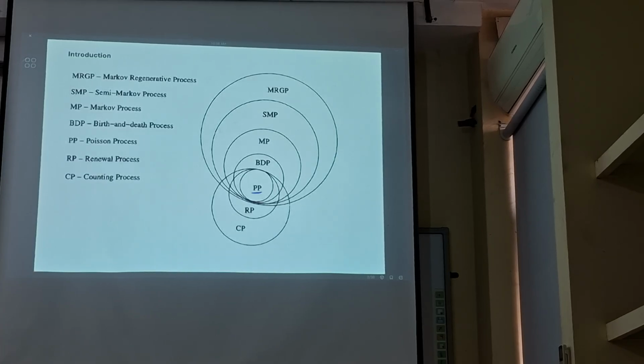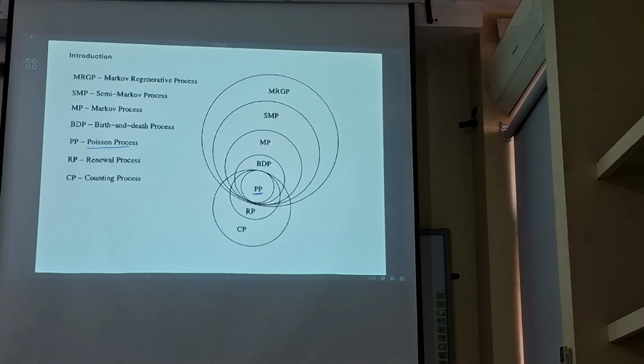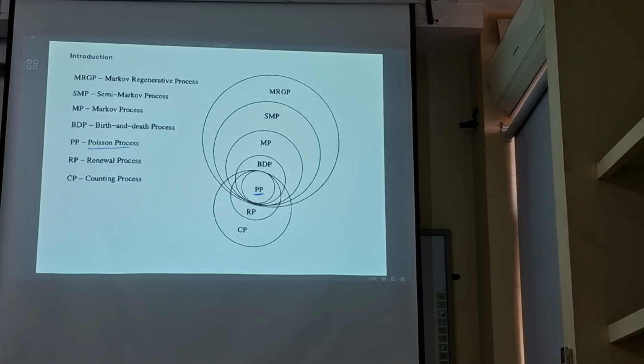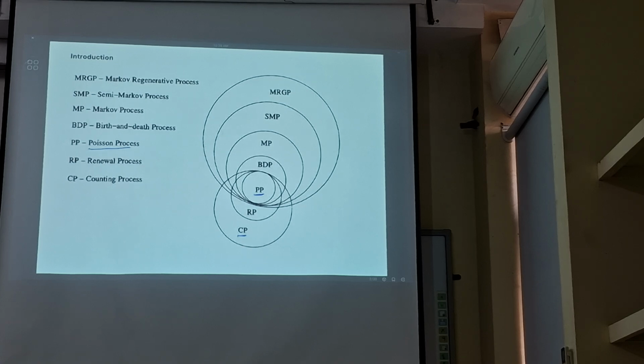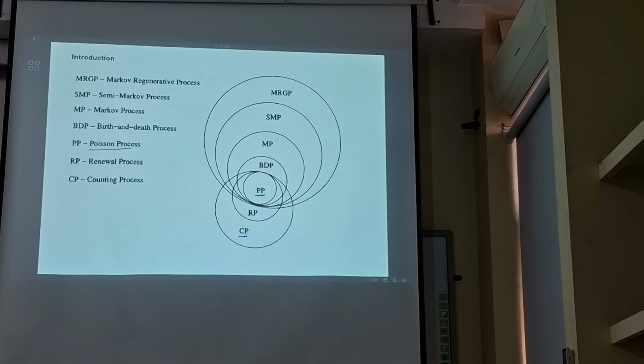This stands for Poisson process. So the Poisson process is the most specialized process, in the sense that it is on the one hand a CP, that is a counting process. On the other hand, it is a Markov process.